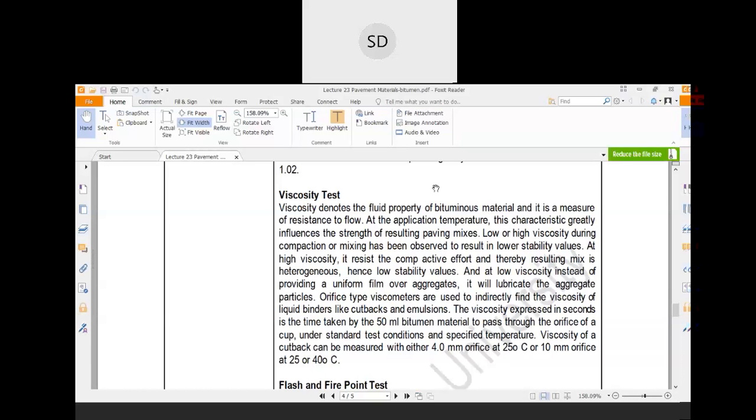Now the grading of the bitumen is not done with the help of the penetration test, rather the grading is done with the viscosity test, and that's why it is now called viscous grade bitumen. There are different types of tests to check the viscosity of the bitumen, and all these tests are basically indirect tests to get a rough idea about the viscosity of the bitumen.